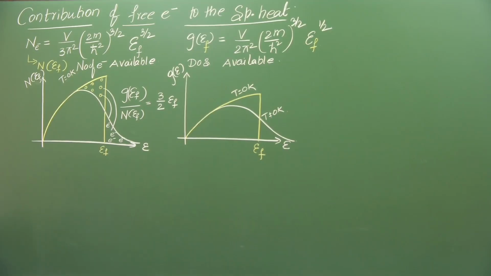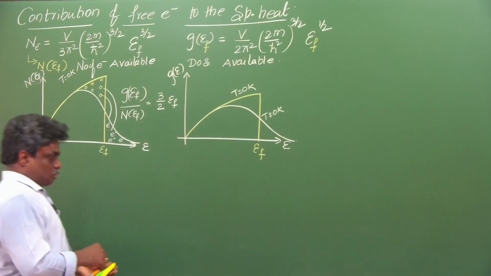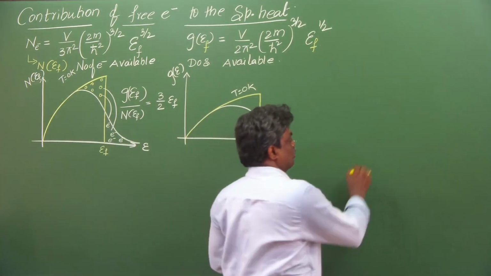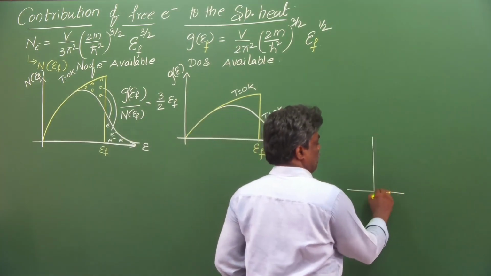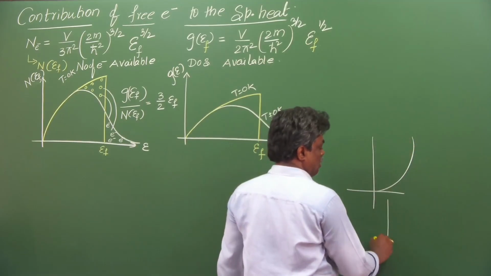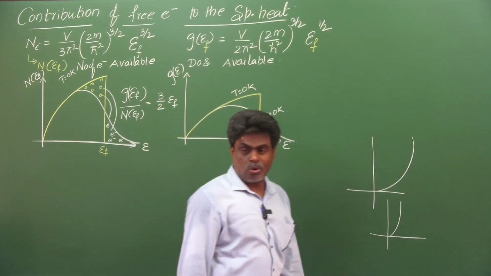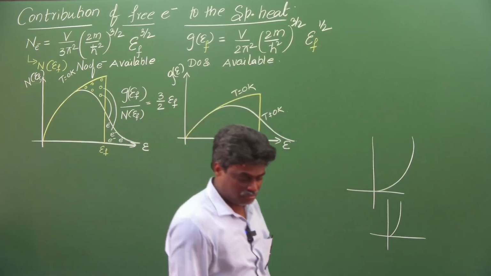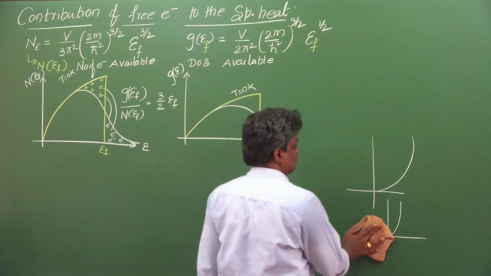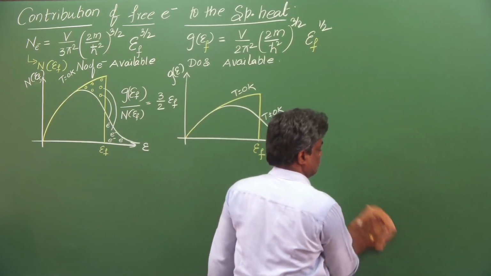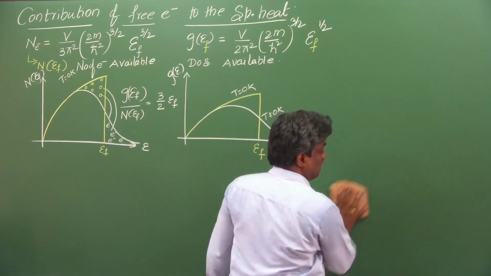If anybody asks you to draw the graph y equal to x square, what will you do? You will draw a parabola, okay? If they ask to draw y equal to x cube, what will you do? Same, but the slope is more. But antisymmetric.